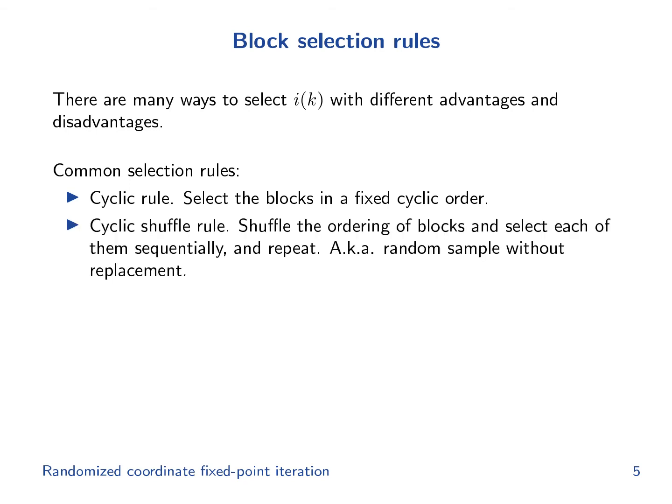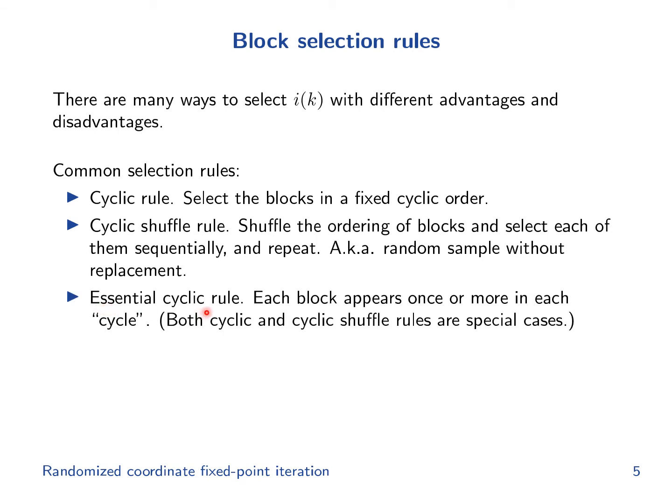In the cyclic shuffle rule, we shuffle the ordering of the blocks and then select them sequentially. In the next cycle, we shuffle them again and then select them. This is also called random sampling without replacement because in every cycle, every block is selected only once.